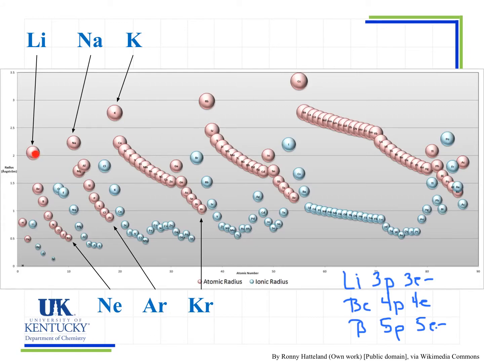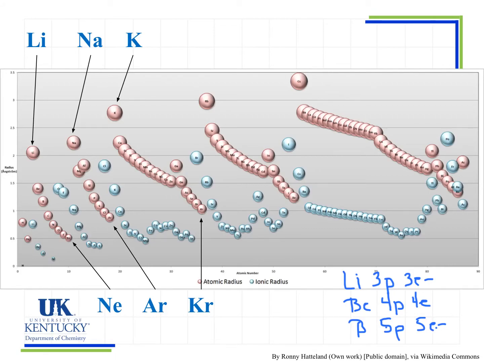So the reason it gets bigger is because we're adding electrons in sodium to the n equals 3 shell, whereas lithium only had n equals 2. And as we get higher n values, we're going to see a bigger atom. We'll see the same general trend as we go from neon to argon to krypton, which is not a whole lot bigger, but we will see that same trend happening.